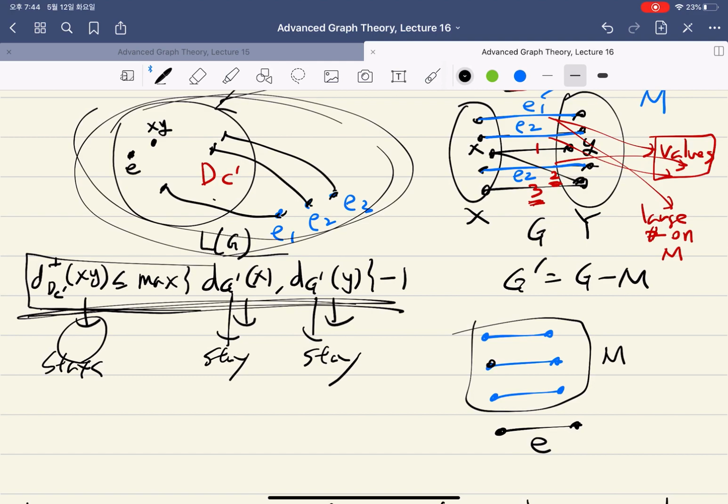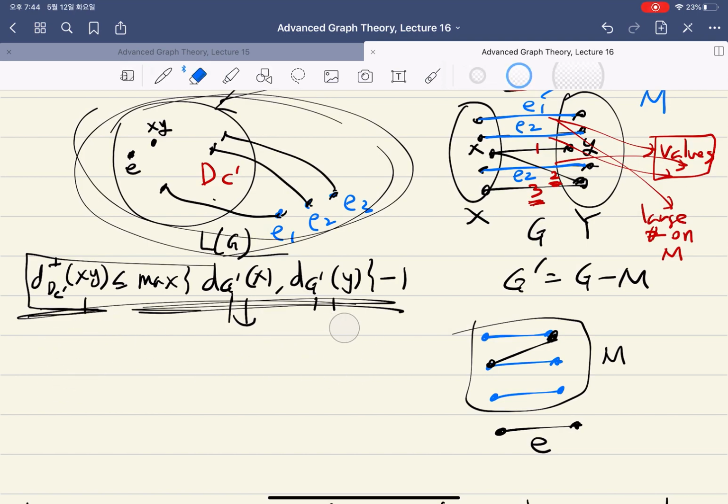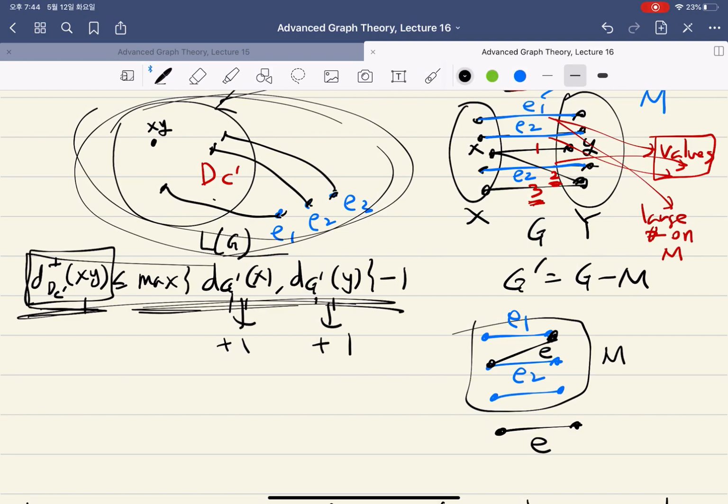And also, if some edge is in here, then this increases by 1, and this increases by 1. And then how much does this increase? Let's say this is E1 and E2, and this is E. Then this E has two neighbors only, E1 and E2, because this blue thing is a matching.